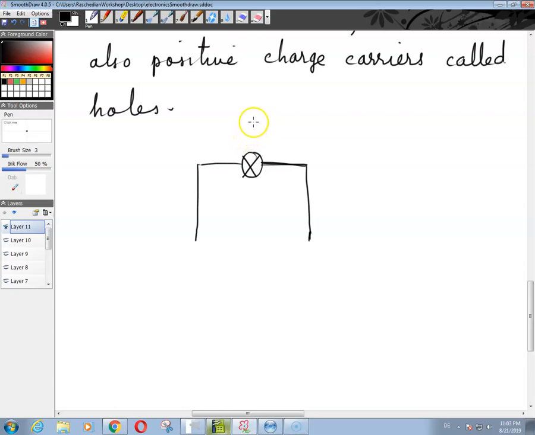So there are different ways to create that electromotive force. There is one way to do that, which is magnetically. So how can you do that?